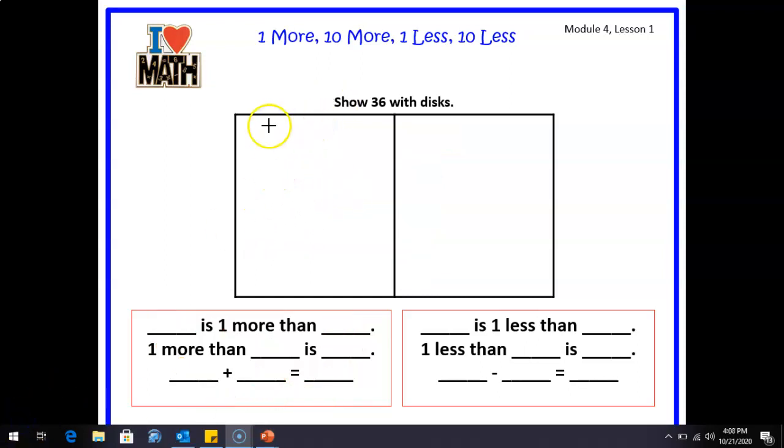Okay, boys and girls, I'm going to show you the number 36 with my place value disc one more time. 1 10, 2 tens. Let me erase that one.